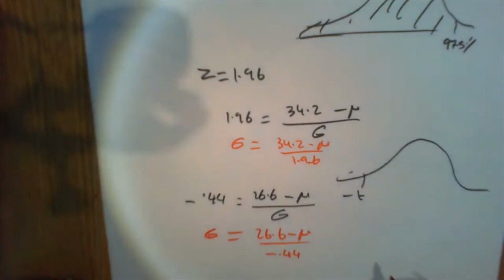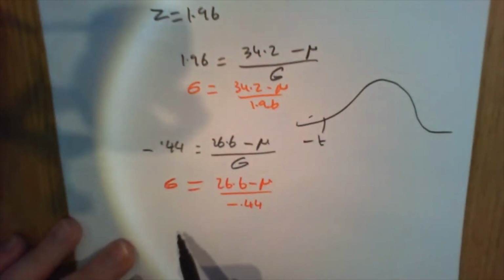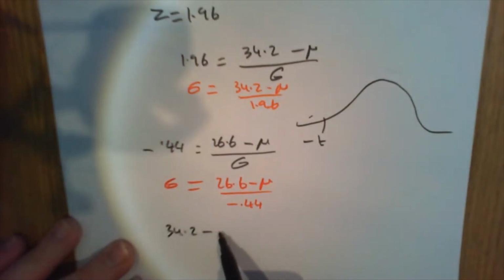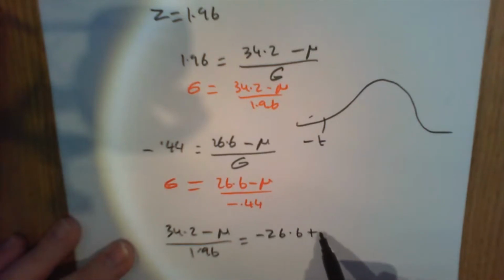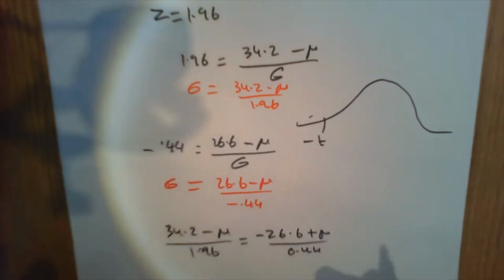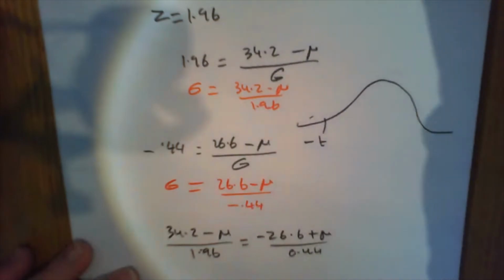Now I can make the two of them equal to each other: 34.2 minus mu over 1.96 is equal to, I'm going to change the signs on this one, minus 26.6 plus mu over 0.44. I don't like having the minuses on the bottom, so keep them on the top. So cross multiply.